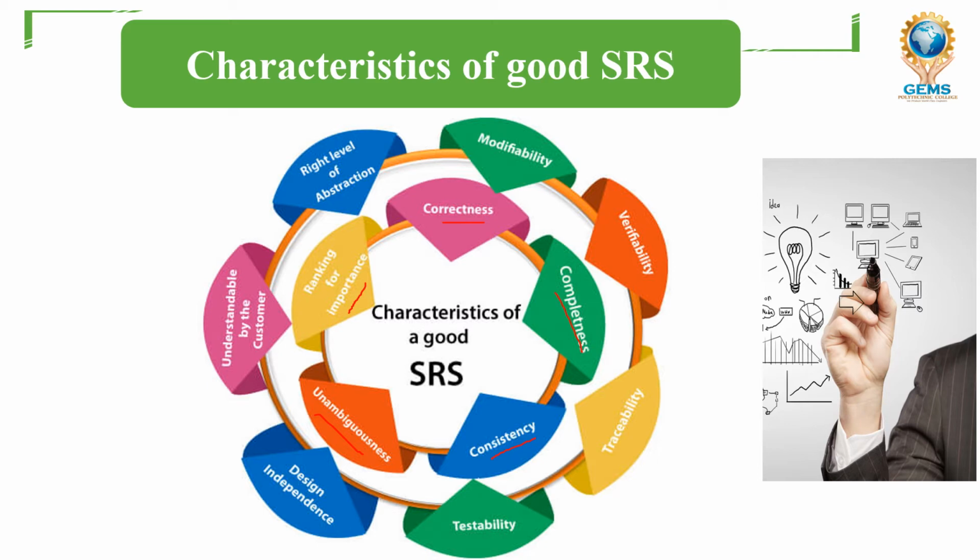Again, if you go up a little, then we have modifiability, verifiability, traceability, testability, design independence, understandable by the customer, and finally right level of abstraction. So all these characteristics we will see one by one in detail. I hope, my dear students, till now it is clear for you.